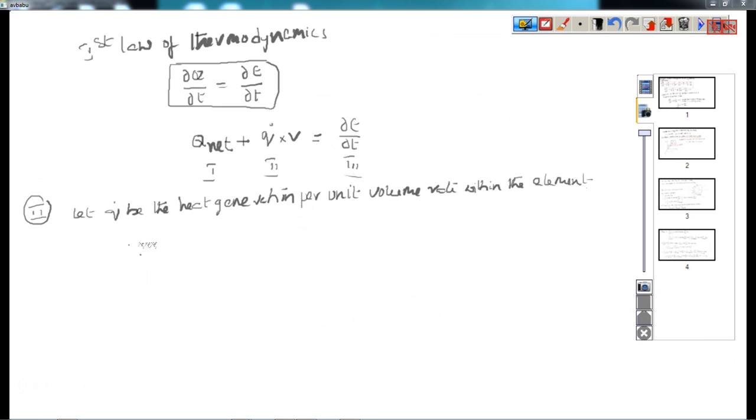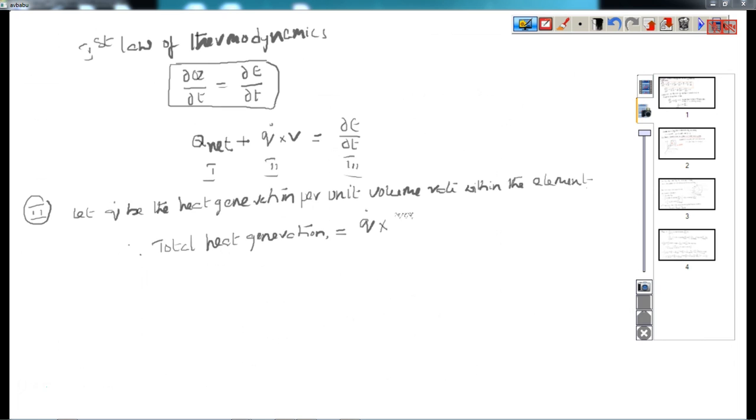Therefore, the total heat generation will come to Q dot into the volume. What is the volume?